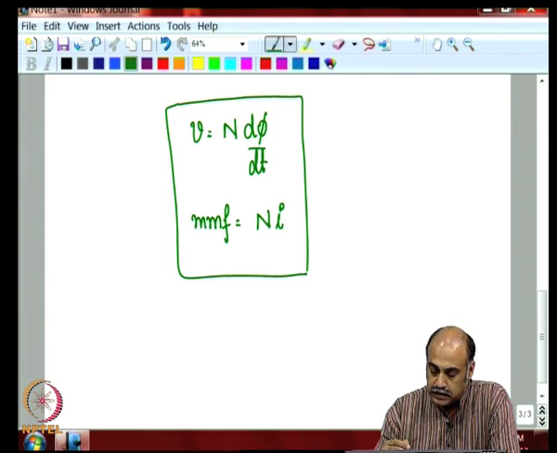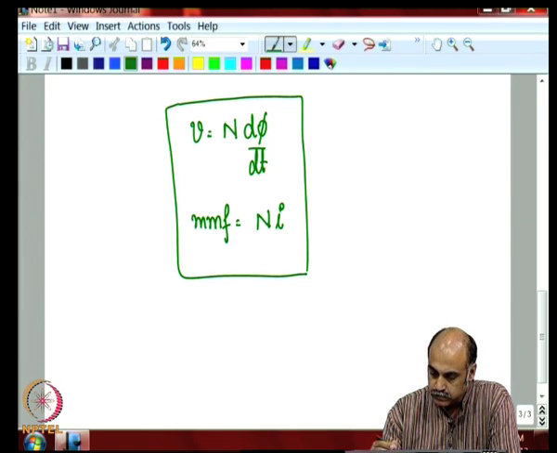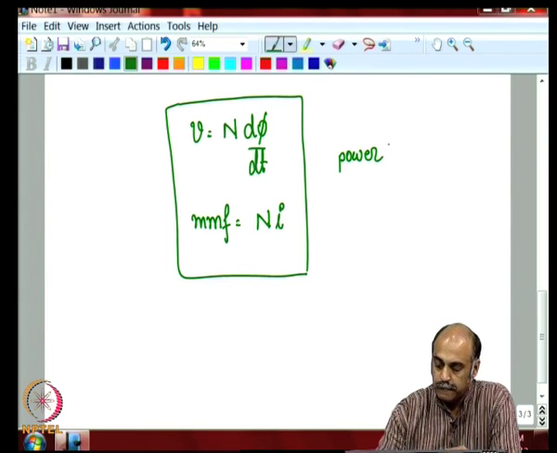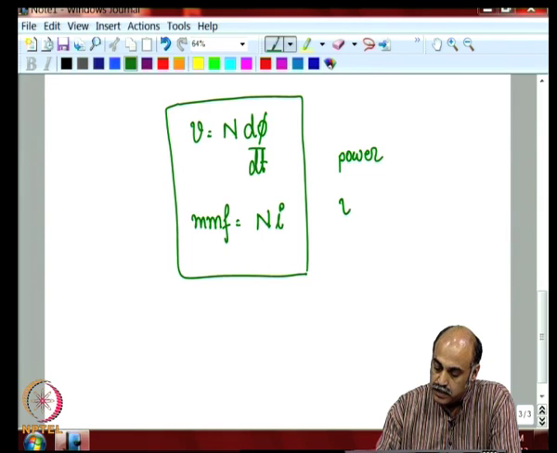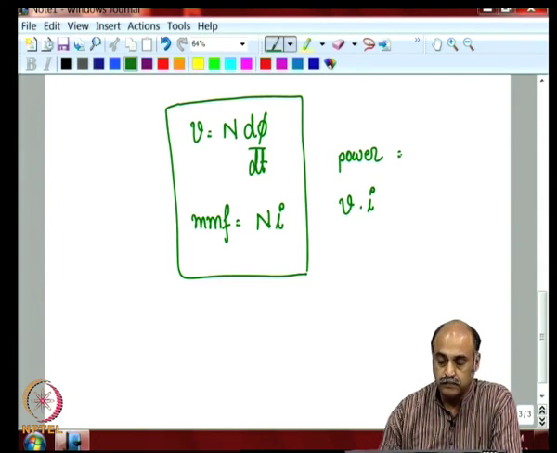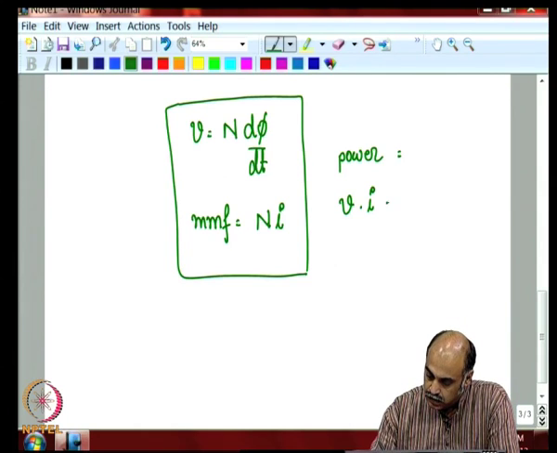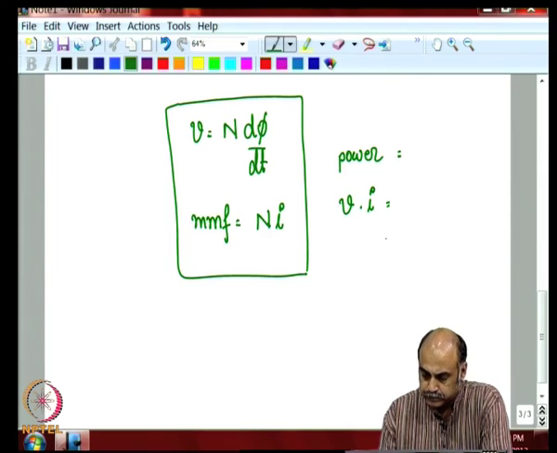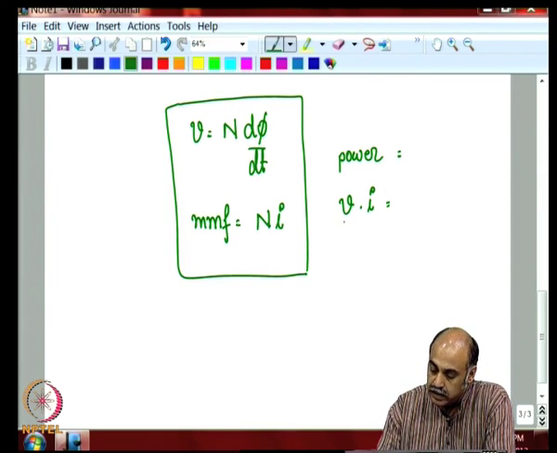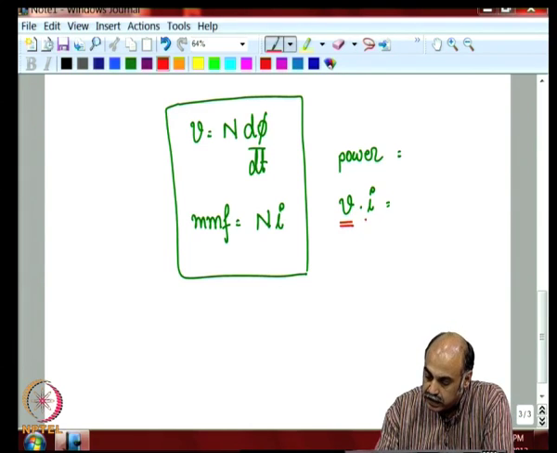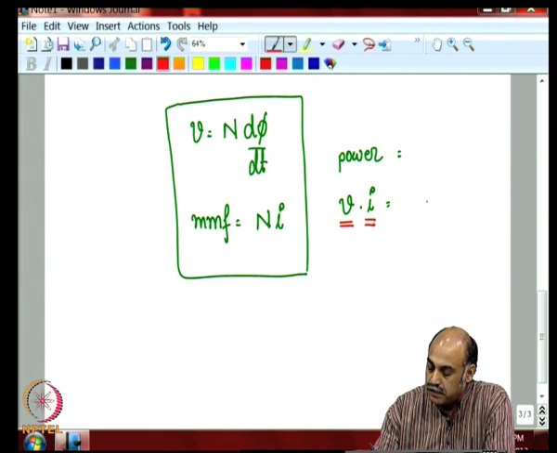Now, take for example the power. Power is V into I. In the electrical domain, you have a potential variable multiplied by a kinetic variable, which is power in watts.